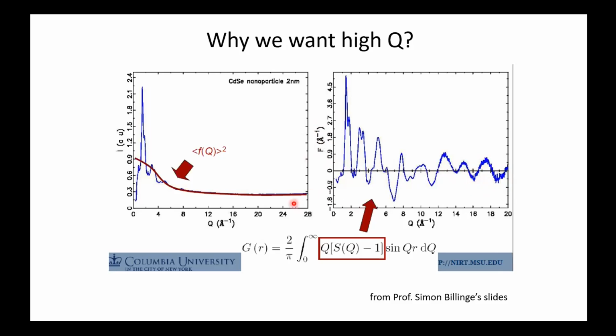And those things look very trivial if we just look at the diffraction data or the intensity data. So that spells the importance of getting high Q data. Also, patiently measure your sample if it is weakly scattering, and try your best to get some high Q data, then you have some chance of getting the unique structure information after doing the Fourier transform.